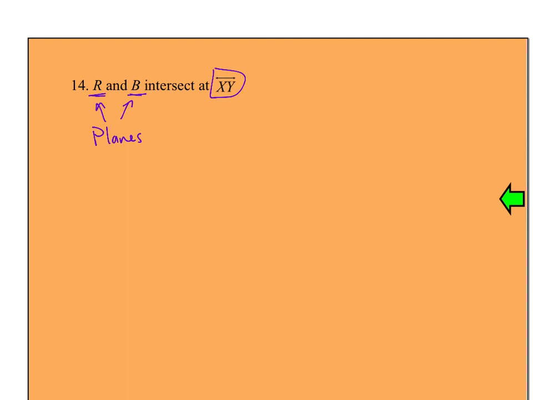So what does that mean? That means I need to draw a plane. We'll call this plane R. And another one that's going to intersect it. I'm going to draw something like this.